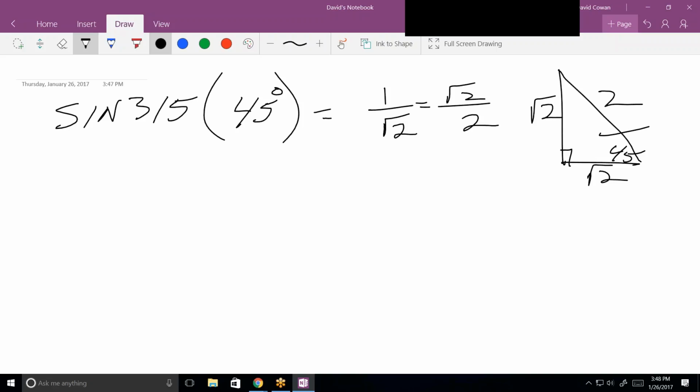I'm surprised they did that because your teacher said he didn't really care in trig whether you had an irrational denominator, and I agree with that 100%. You shouldn't care. So it surprises me that they give you this as the triangle instead of the one that I gave you, which was 1, 1, root 2. Notice that they're the same proportion. If I take my 1, 1, root 2 and multiply each side by root 2, I get this one.